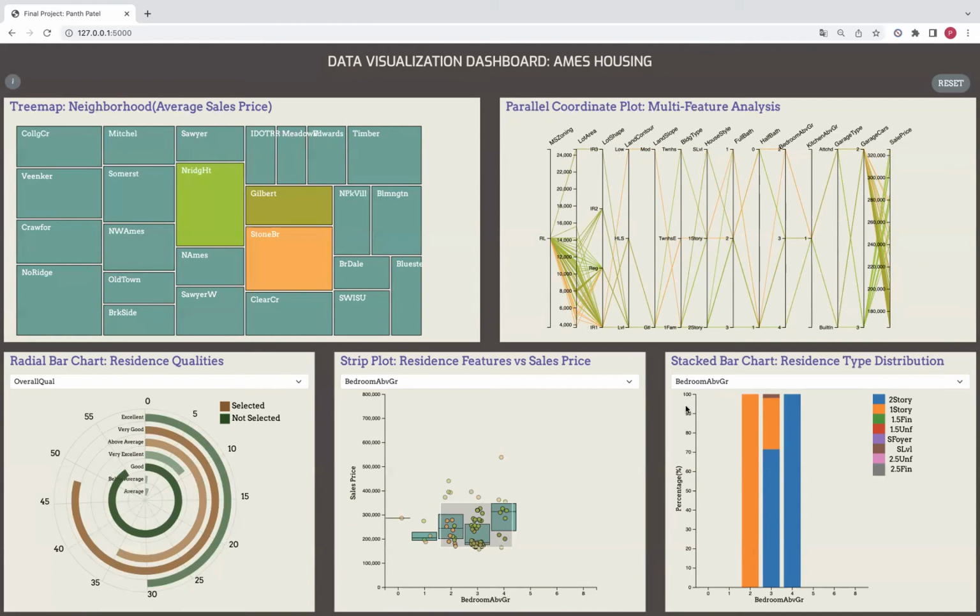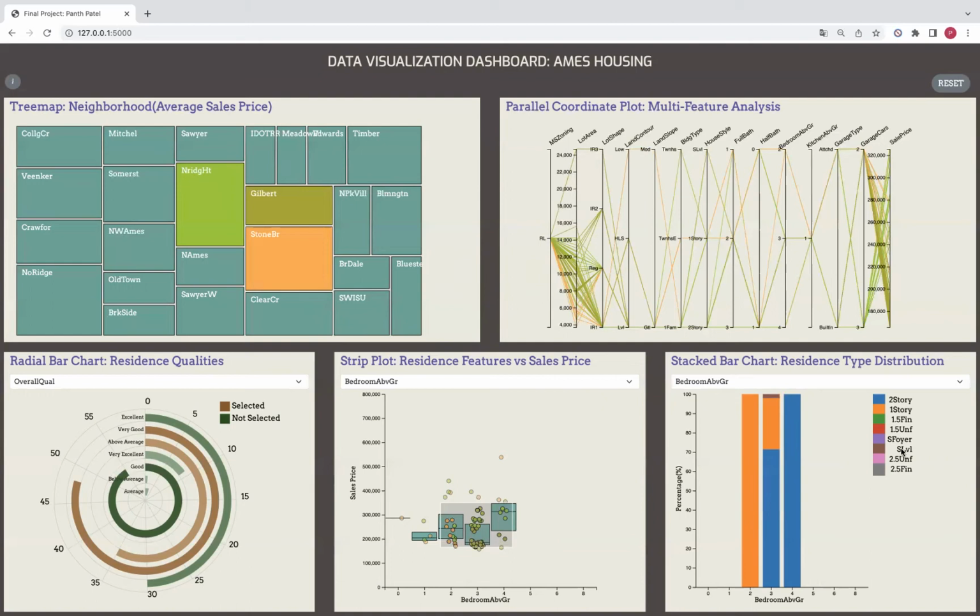We can see on the right of it, there's this stack bar chart, which shows the residence type distribution, meaning of all the houses selected, what is the percentage distribution of the house types.